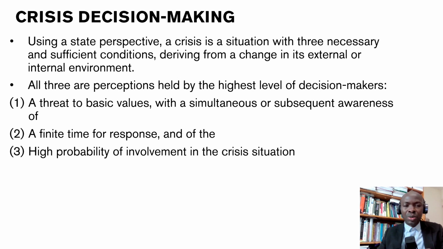These could be the basic functioning of the organization, which requires a simultaneous awareness of the fact that you have limited time to respond. And of course, there is a high level of probability of involvement in the crisis situation, in that it is going to challenge most managers, most decision makers within the organization, to take the proactive decisions they need to bring the situation under control.